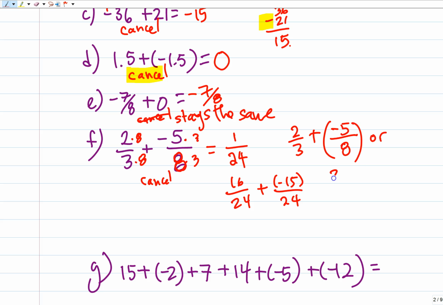Or you could write that as 2/3 plus and have the negative outside the fraction, and it won't change anything. So it's just a matter of playing around and figuring out. I saw some examples where they put the negative on the bottom, which is weird. We won't do that. We always keep the negative on the top or on the side, but these two say the same thing. Good questions. All right, can we continue?